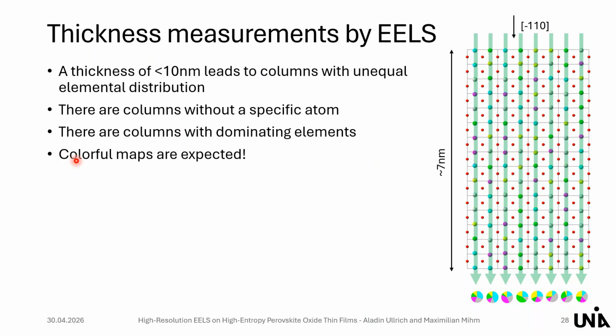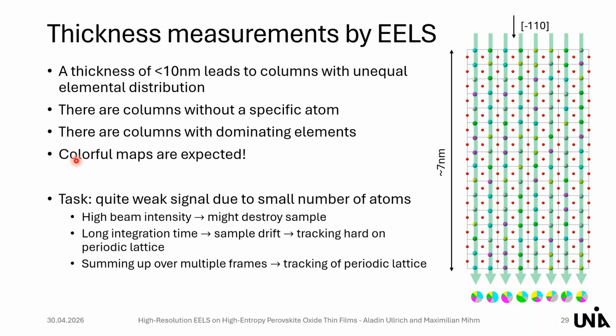So the question is now, is this measurable? You have a quite weak signal because the sample is very thin. And to get a good signal, we have actually 3 options. First of all, you can use a high beam intensity, but this might destroy the sample, as we will also see later. You can also use a quite long integration time to get enough signal, but then you get the problem with the sample drift.